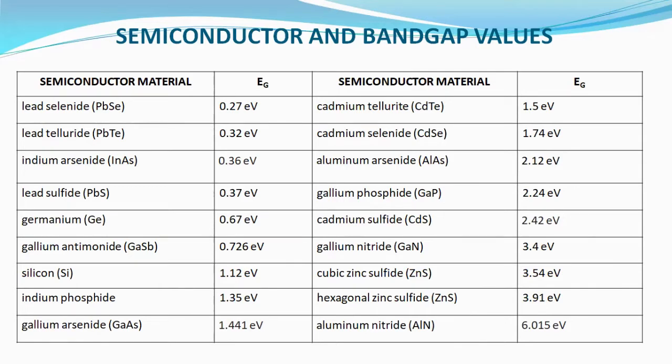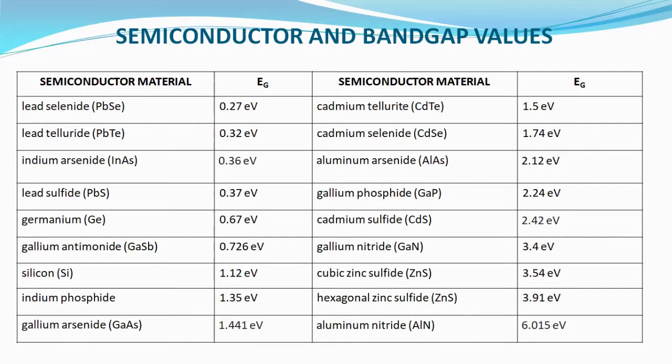Actually germanium, as you can see from your book, has an energy gap value of 0.785, but these values are at 0 Kelvin temperature. So this value is for room temperature, meaning 300 Kelvin.